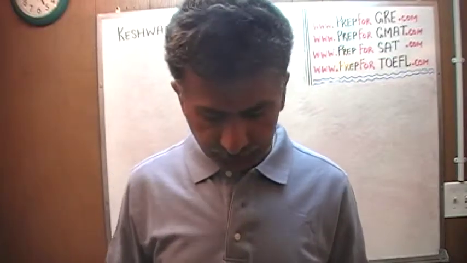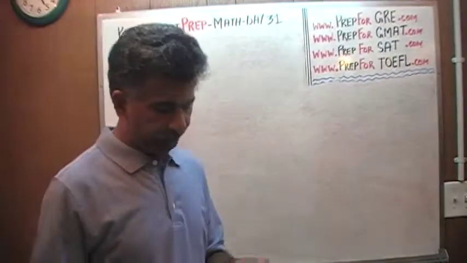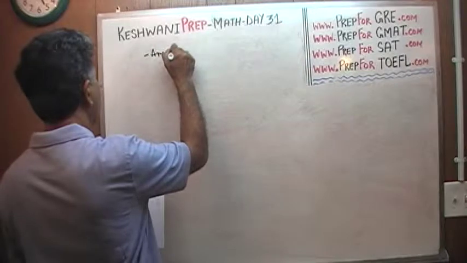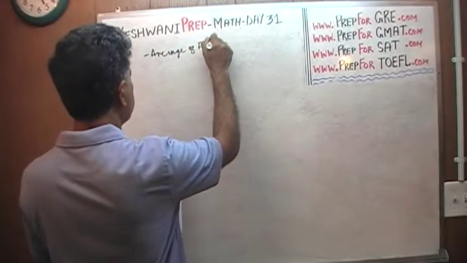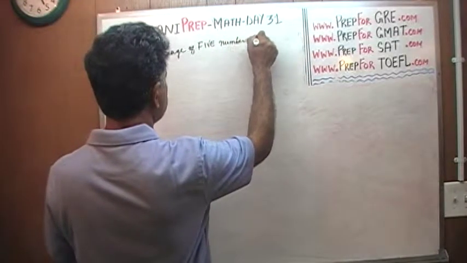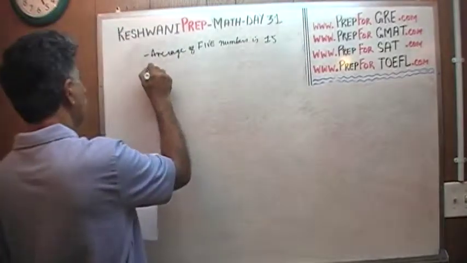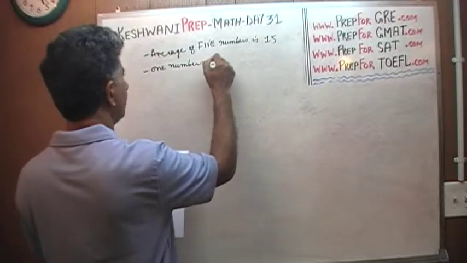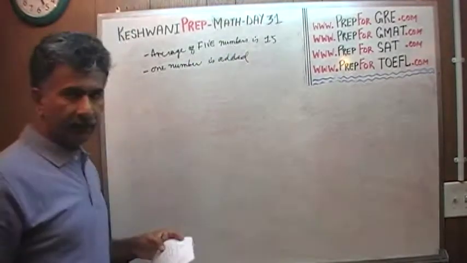Anyway, today is our day number 31. We have a very simple average problem today. Here's what it is. Average of 5 numbers is 15. One number is added. So we add a sixth number.